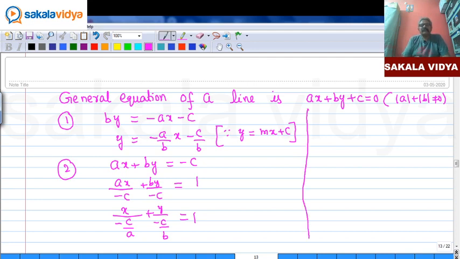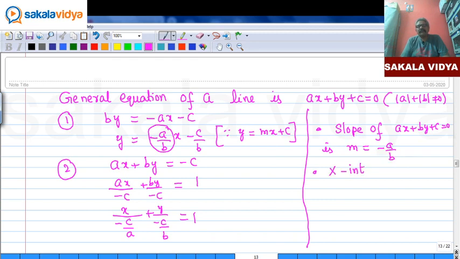So, important point, slope of ax plus by plus c is equal to 0 is m is equal to minus a by b. Now, x intercept is minus c by a, and y intercept equals to minus c by b.